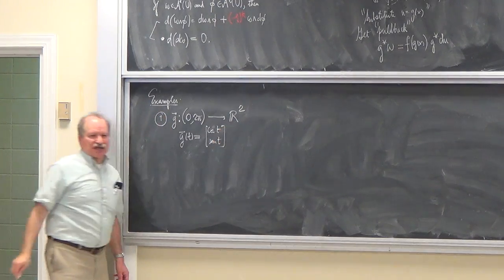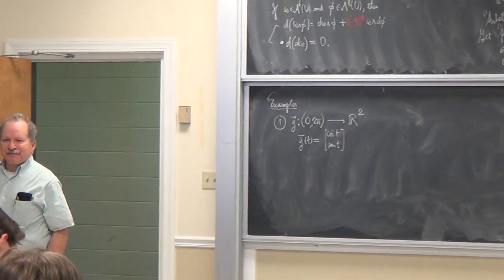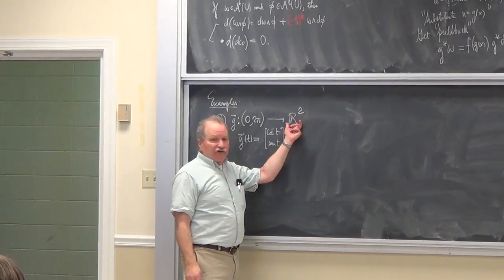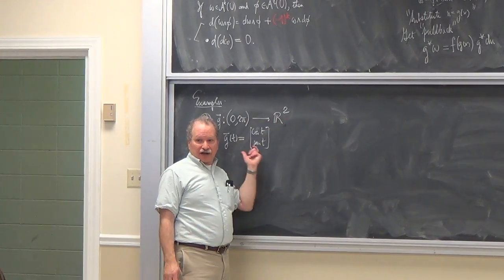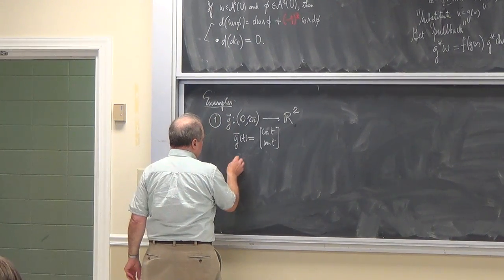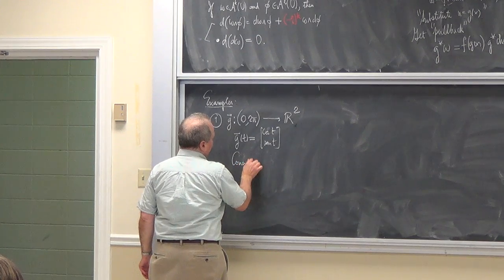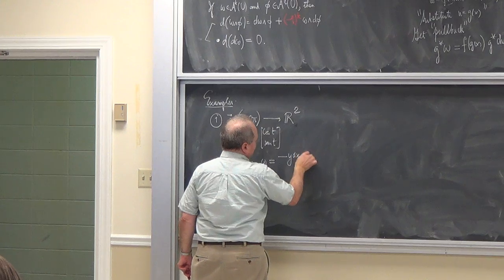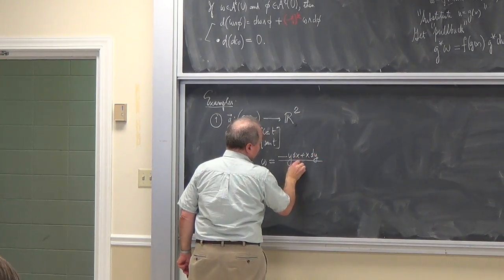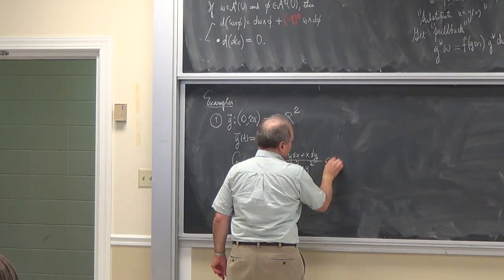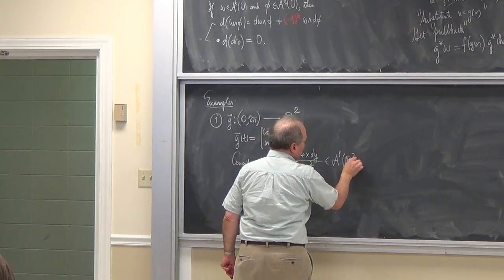So I'm parameterizing a circle. But I want to take a one form on R2 and pull it back. So for reasons unknown to you at the moment, I'm going to consider the one form omega. So this is a one form on R2 minus the origin.